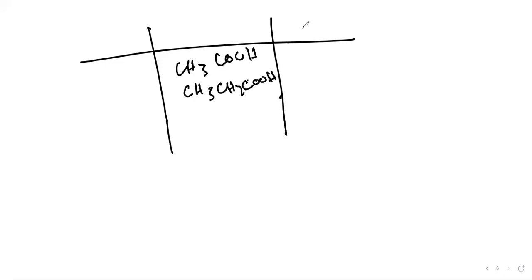Let's say we have some structural formulas, like CH3COOH. There are certain questions in the question paper that tend to come in this way, where they give you the values of pKa. Oh, I forgot to mention what pKa is. pKa is simply the negative logarithm of Ka, which we just saw is the acid dissociation constant.